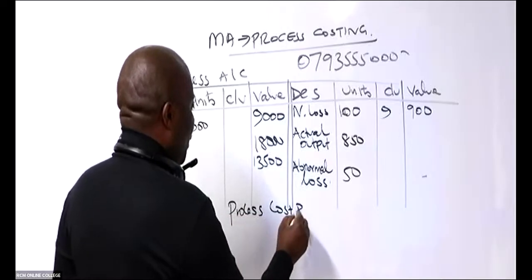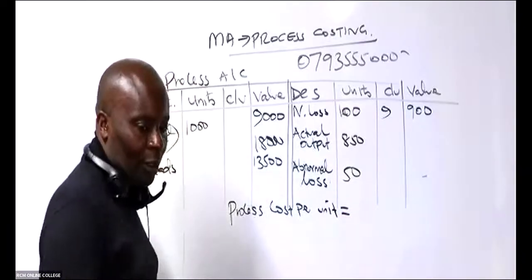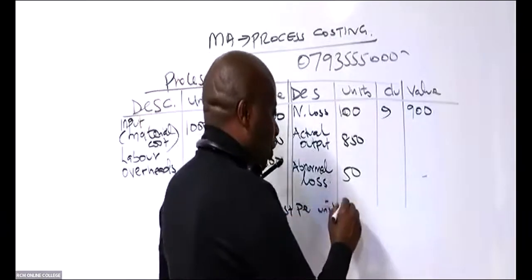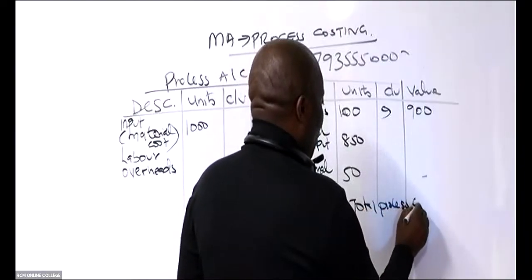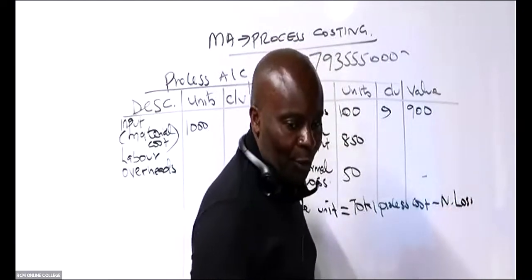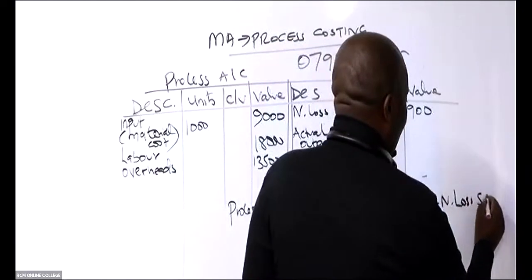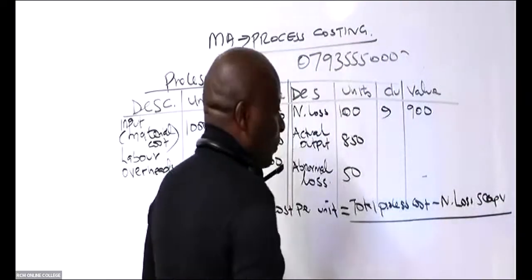Process cost per unit. I'm able to remember this very well. We said we take the total process cost minus normal loss scrap value, all over, divided by input units minus normal loss units.